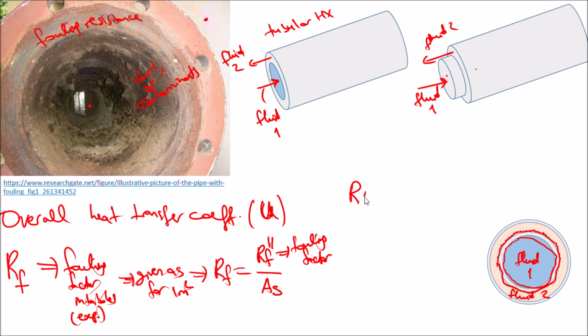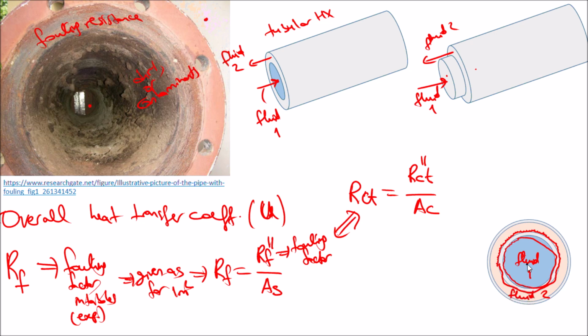To find the thermal contact resistance, what we were doing is dividing the contact resistance in the tables by the cross-sectional area. They are very similar here. We are dividing the fouling factor in the tables by the surface area, similar to contact resistance by the cross-sectional area.